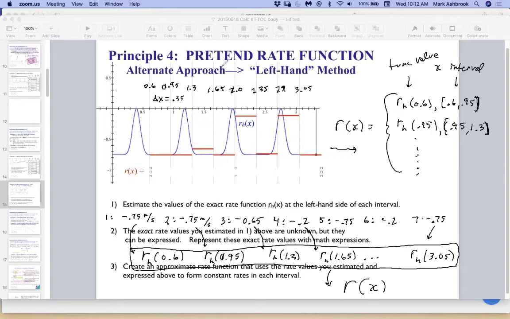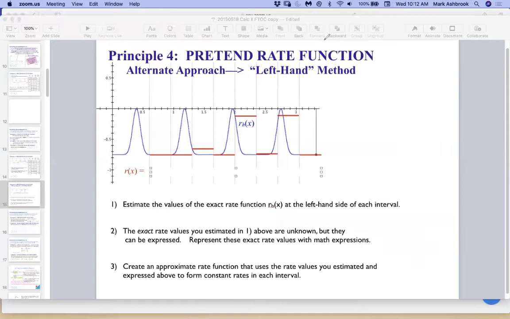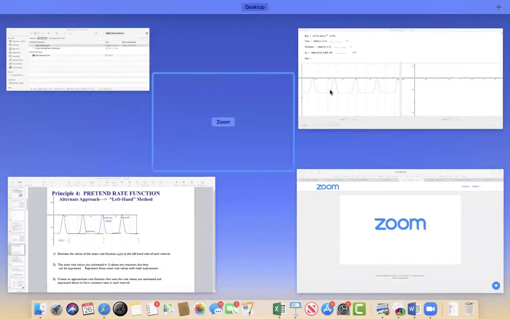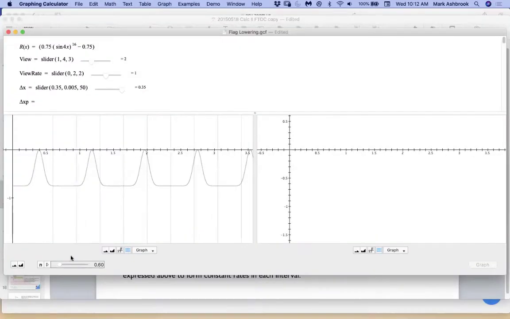Okay. So let's move on to the next thing. So I'm going to show you this kind of in a dynamic way. We said what principle 0 was: variables vary, right? Variables vary. So here's, can you see the exact rate function here?